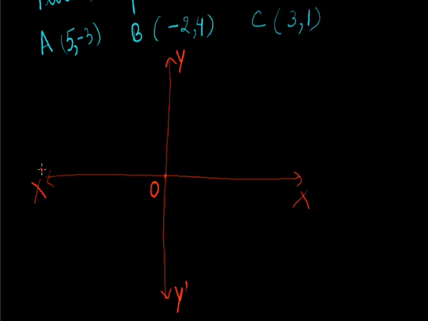Mark the origin and decide the suitable scale. Generally we may take 1 centimeter equals to 1 unit. Scale may vary on both the axes, on x-axis and on y-axis, and it may be the same. 1 centimeter equals to 1 unit.